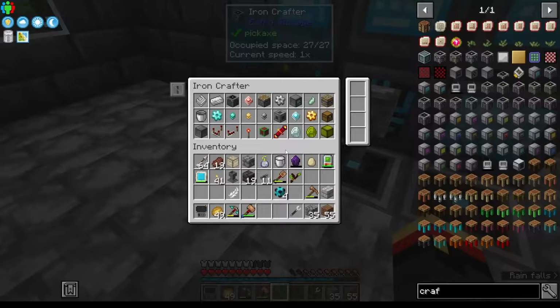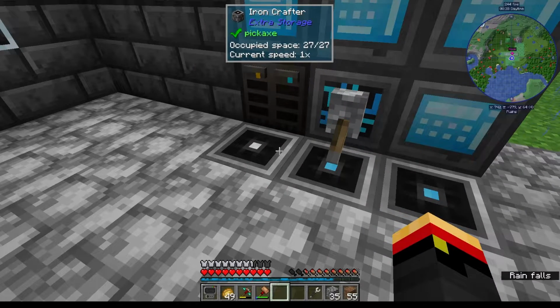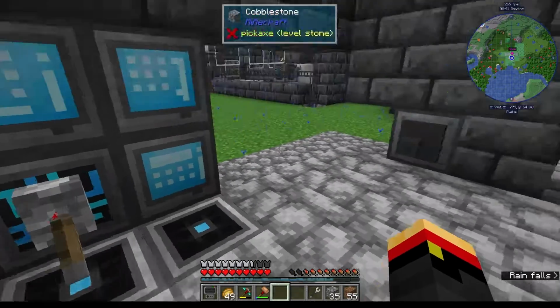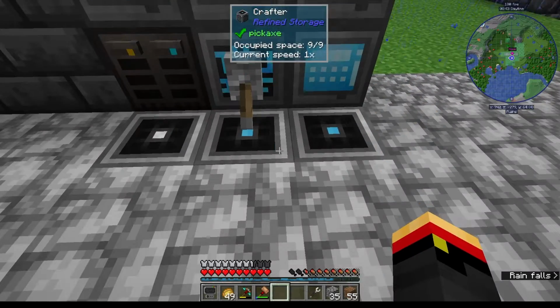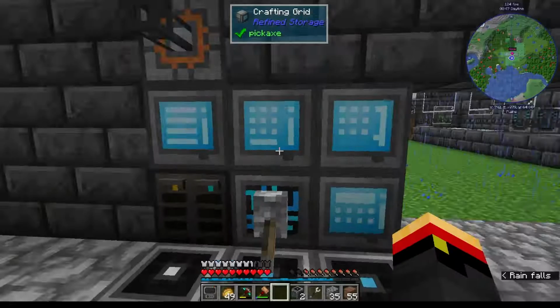The iron crafters store more stuff, but they are not any faster than the vanilla crafters, or the refined storage crafters. So they're not super helpful other than compacting space. I don't need my space to be compact for this, especially because I'm going to have to make one of these for any of these anyway. So there we go. There are my crafters.